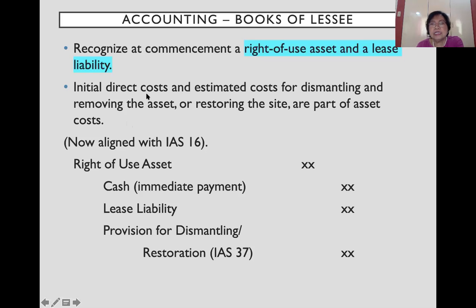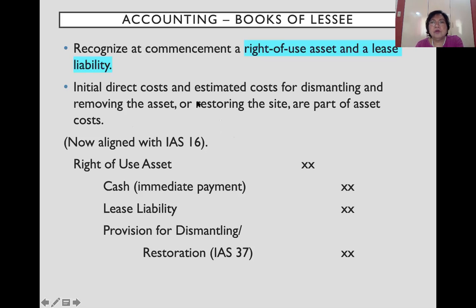Therefore, this inclusion of the principle in IFRS 16 is now aligned with IAS 16, property, plant, and equipment, because in IAS 16, the total initial cost assigned to items of property, plant, and equipment would constitute first the purchase price, 2 directly attributable costs, and 3 the estimated cost of dismantling, which is established at the date of initial recognition, provided that there is either legal or constructive obligation for such cost of dismantling.